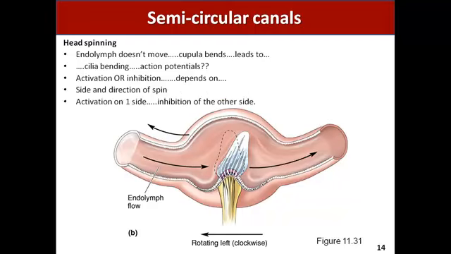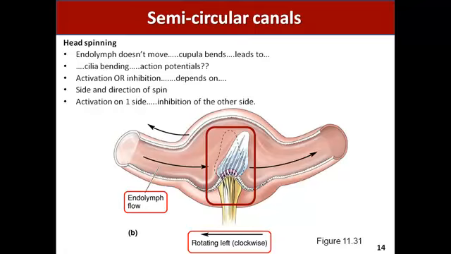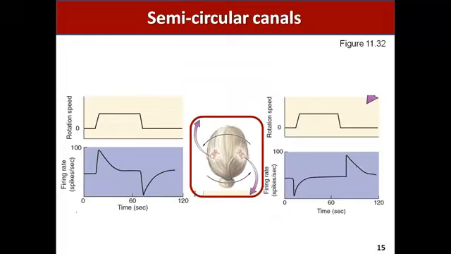Typically, when we talk about head spinning, the semicircular canals on one side of the head are activated and the other side is inhibited. In this particular case, we're looking at a left rotating head, and we see the endolymph flow is in the opposite direction.